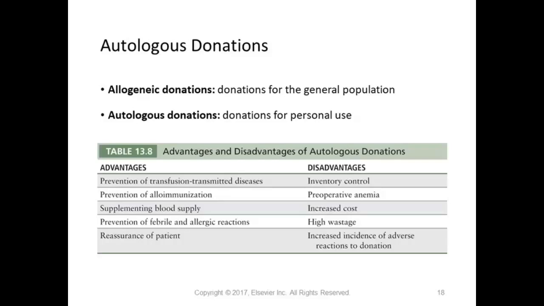It doesn't have to have all that special testing. But this is why it's going to be discarded. As long as you stay in that hospital, your autologous unit stays in the hospital. Once you discharge, they'll call the blood center, and I think they'll come pick it up and discard it at the blood center.